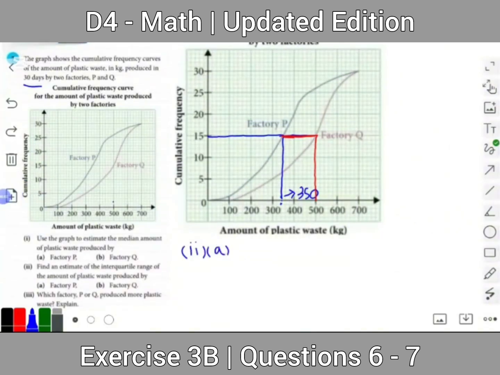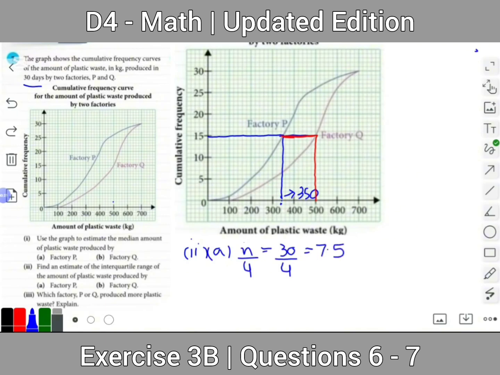Now to estimate the lower quartile from the cumulative frequency curve. To estimate the lower quartile from the cumulative frequency curve for factory P, we find the position of the lower quartile from n over 4. So here for part 2a, n over 4, and in our case n is equal to 30, so we have 30 over 4, and it will be equal to 7.5.